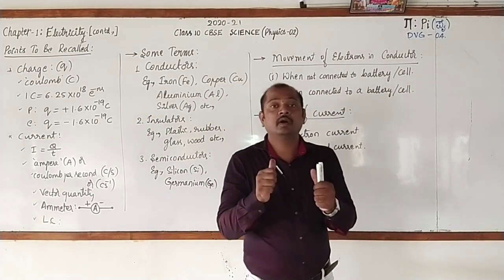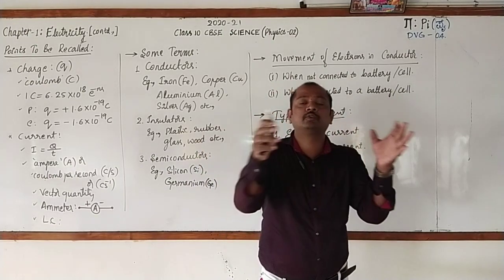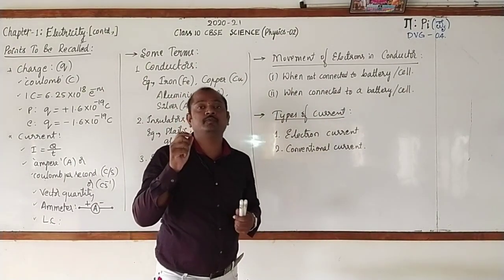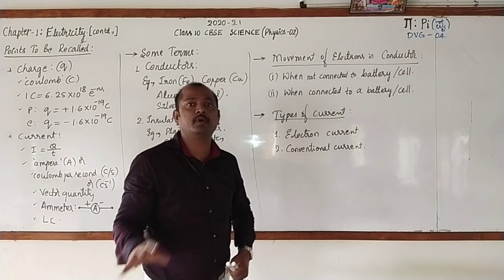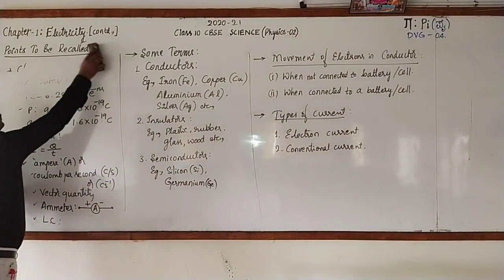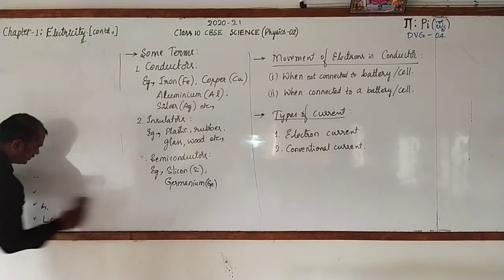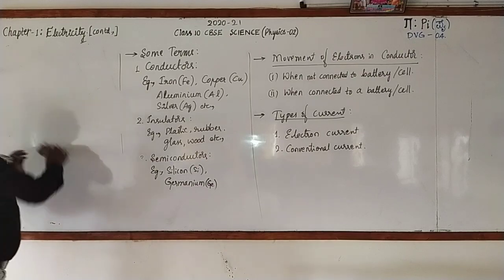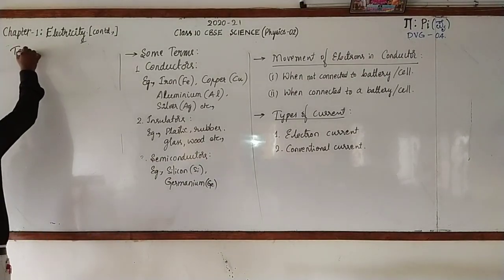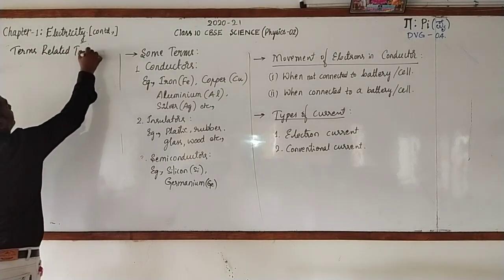But how will this battery make the charged particles flow in one direction? To understand this, first we should come to know some more important terms related to current. So let us go for this. Write down the side heading: terms related to current.